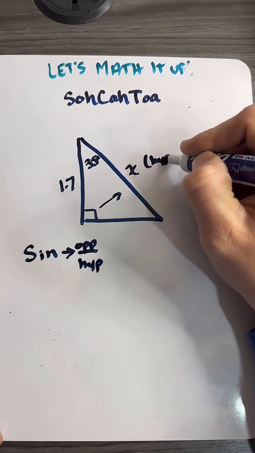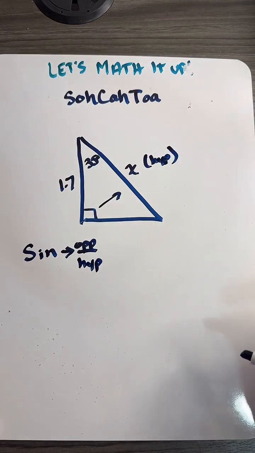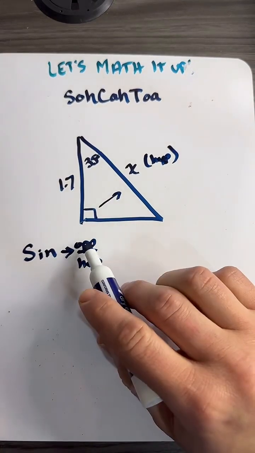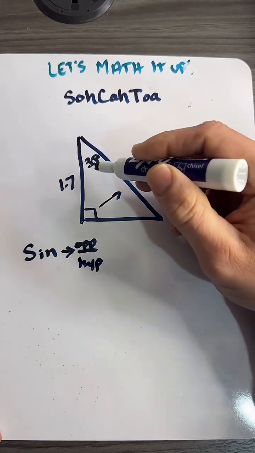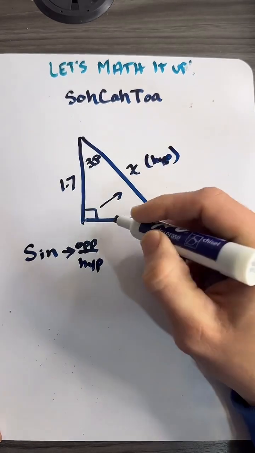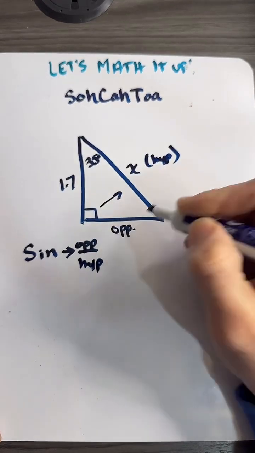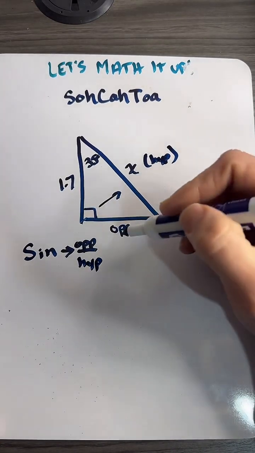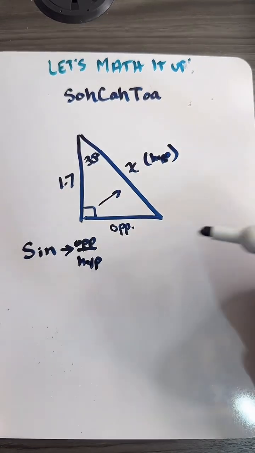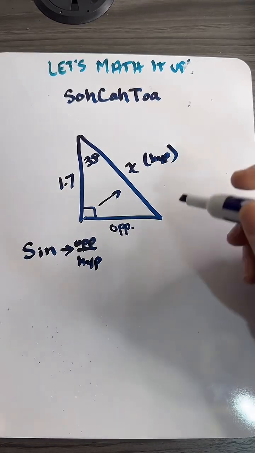So this is my hypotenuse. Now what is the opposite? Whatever side is opposite from the angle. So this right here is opposite 35 degrees. So that would be this one. Unfortunately for this example, we cannot use sine. We do not know the opposite. So we have to take a look at a different one.